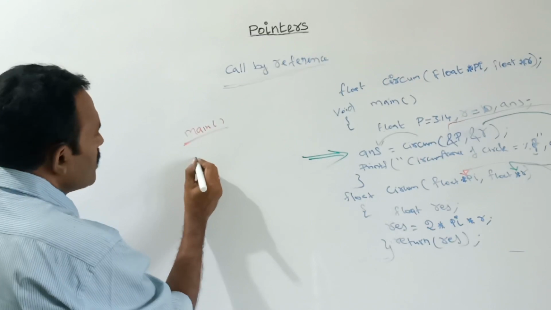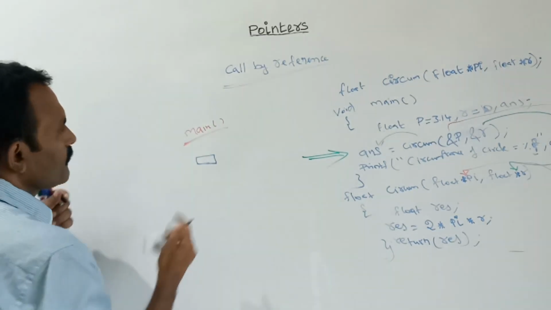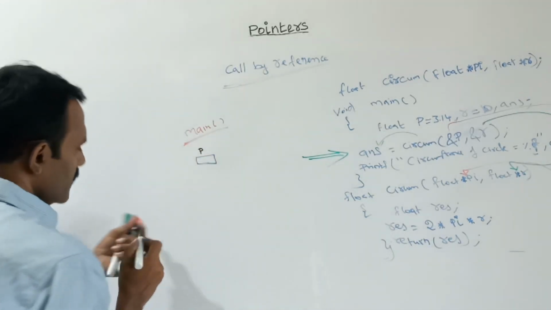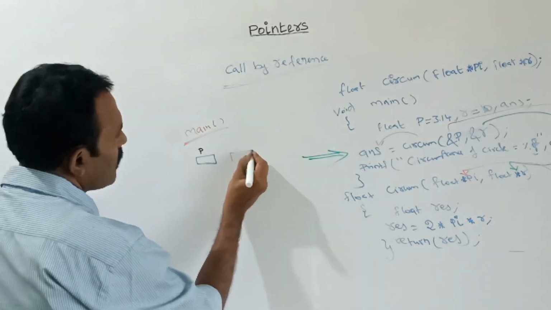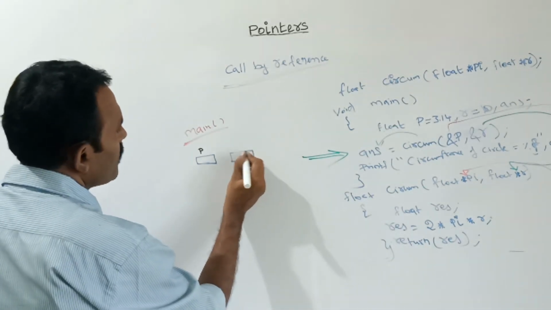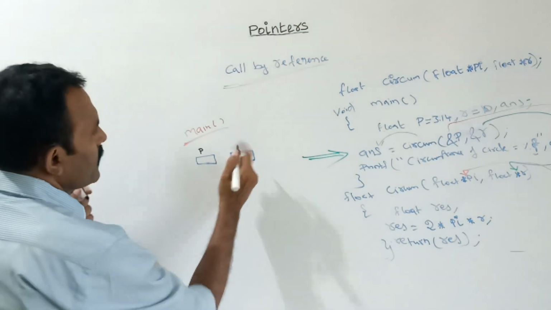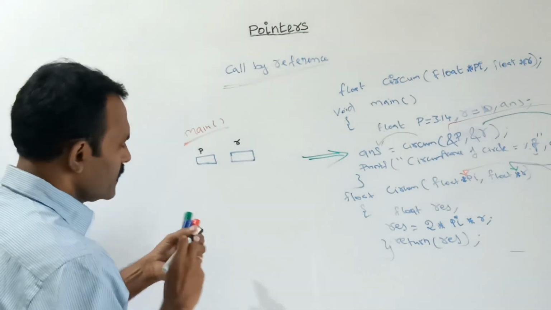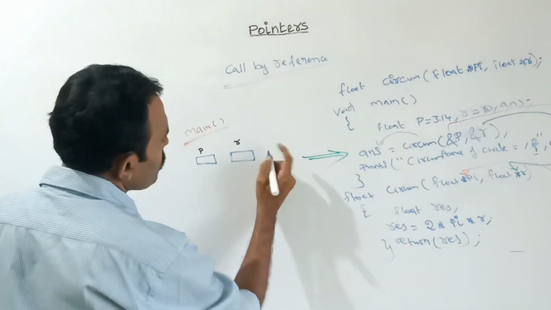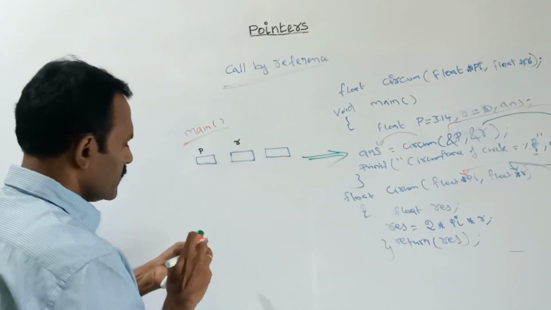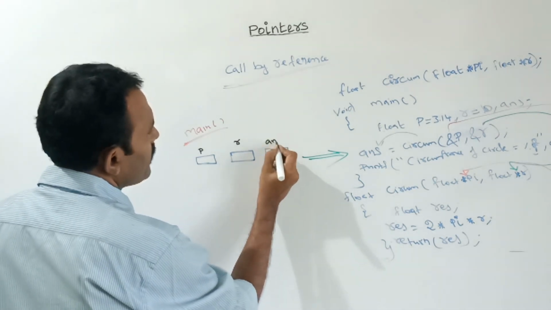First one, this variable name is p. Next, for r it allocates memory. Next, for this variable named ans, it allocates memory.